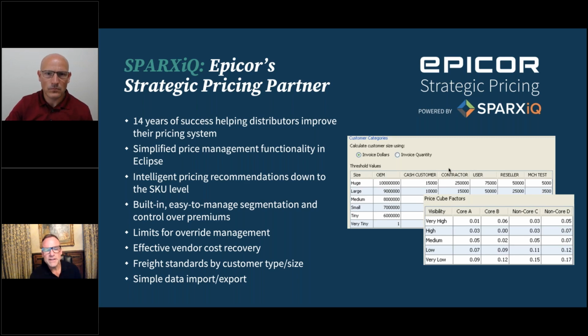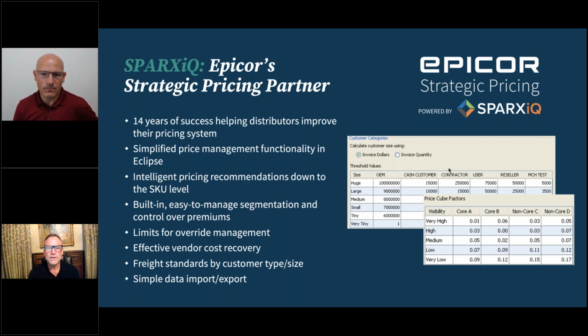So it is simplified in terms of functionality. It rides native within Epicor Eclipse, and it provides dynamic, intelligent pricing recommendations all the way down to the SKU level while maintaining an easy-to-manage customer and product segmentation, to be able to get the benefits of granular pricing without overwhelming complexity.